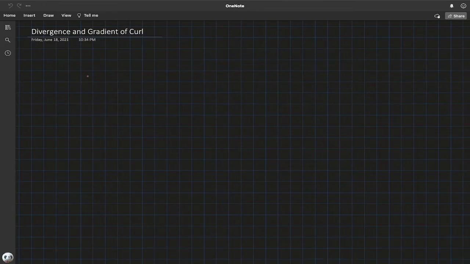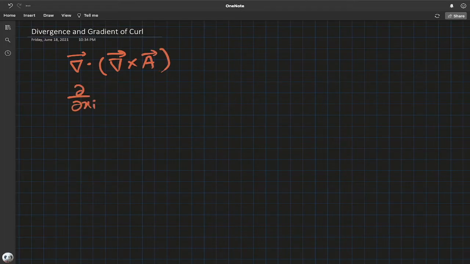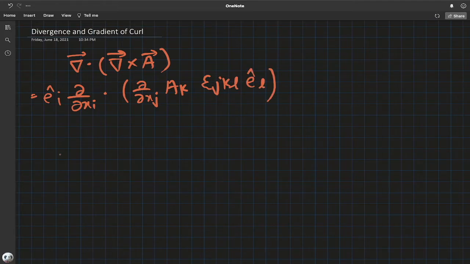Okay, say we have the divergence of curl of a vector field A. Partial xi, the ei hat, dotted with partial xj Ak epsilon jkl el hat.